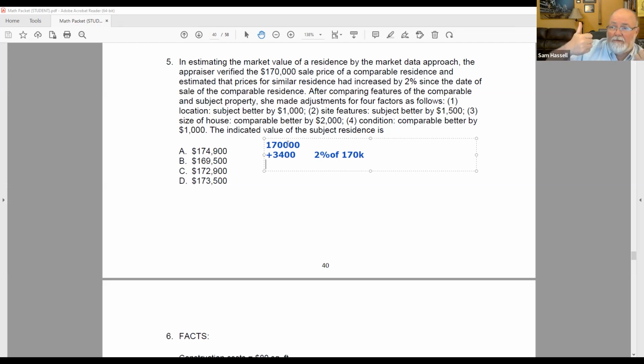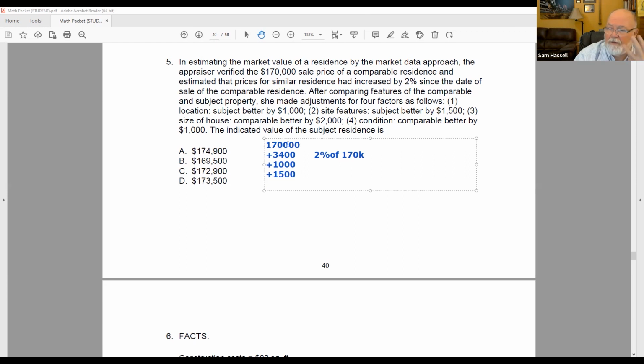I got to make it equal. Subject's 1,000 better, I got to add 1,000 to my comps. The next, number 2, site features. The subject is better by 1,500. So what do I got to do? I got to add 1,500 to my comps to make it equal to mine, right? So we're going to do plus 1,500.